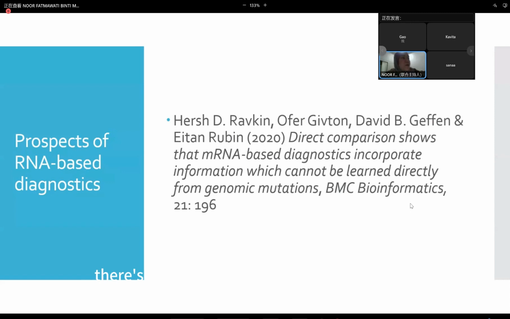So I'm sharing with you this particular reading that highlights the comparison between RNA-based diagnostics, which cannot be learned directly from genomic mutation or genomic diagnostics. This one is a very good reading.